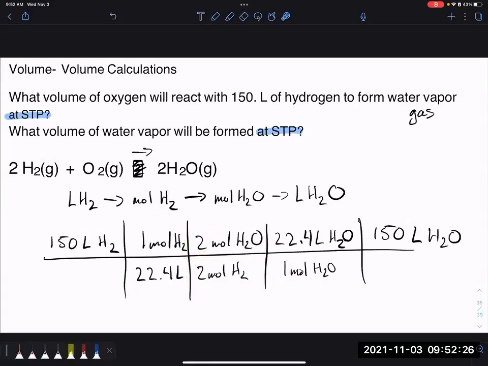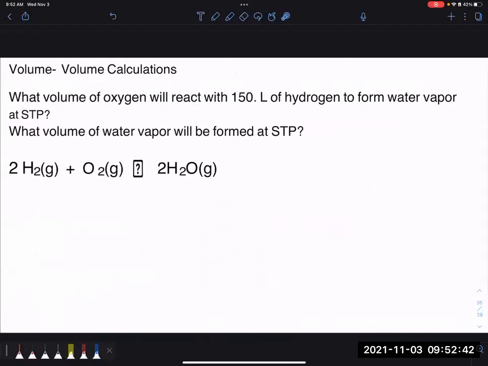So when we multiply by 22.4 again, we get exactly the same volume because it's exactly the same number of moles. Nothing changed there.